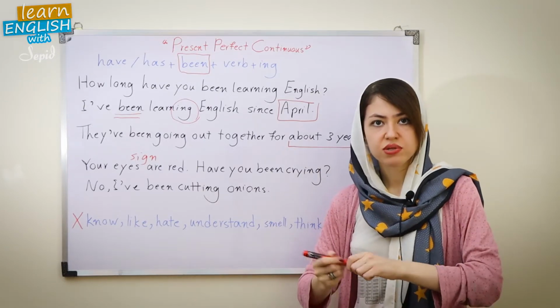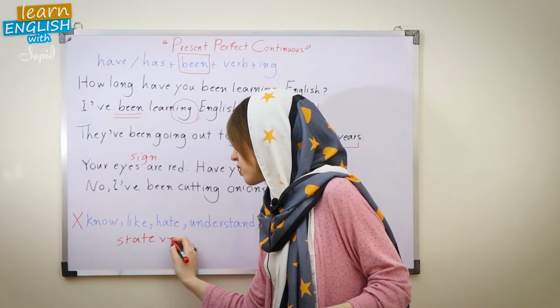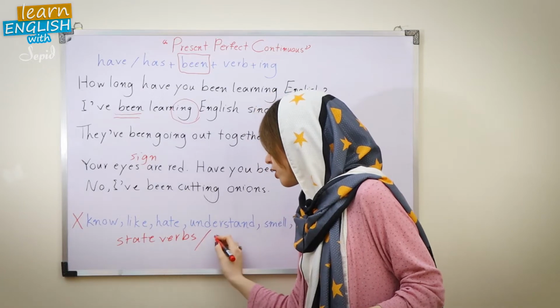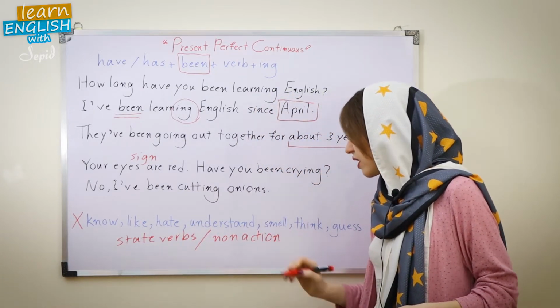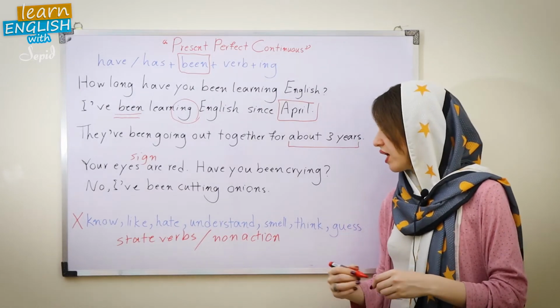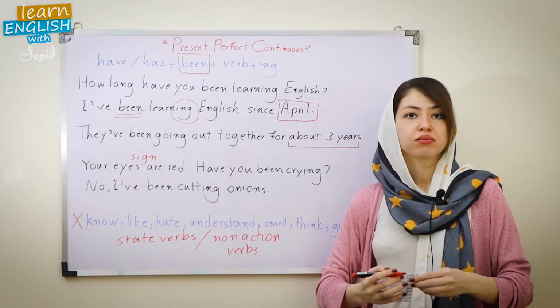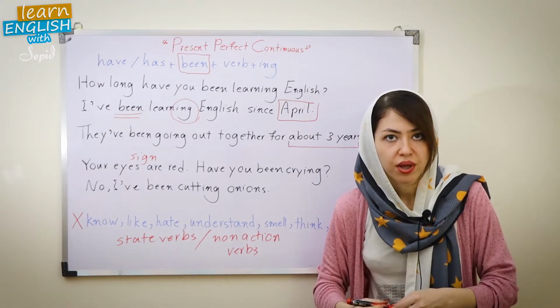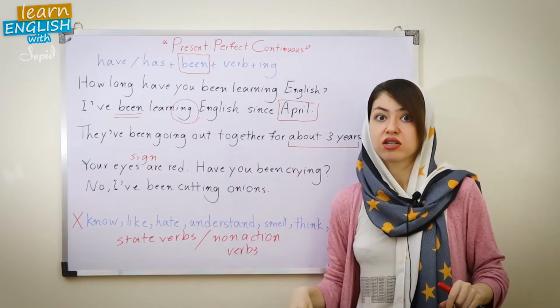Let's go to the verbs that cannot be used normally in present perfect continuous or any continuous forms. These verbs are called state verbs, or non-action verbs. You can use these verbs in present perfect simple form, but not in present perfect continuous or any continuous forms.